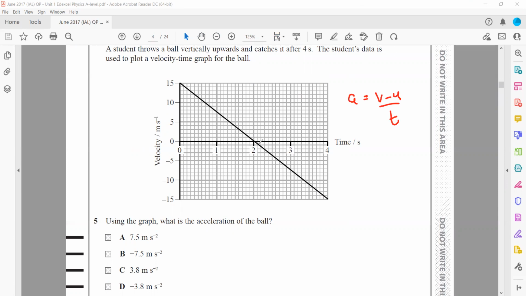Starting at 15, the final velocity is 0. So 0 minus 15 divided by the time interval, which is 2. Basically we get a negative acceleration, 7.5 meter per second squared, or we can say this object is decelerating, or speed is decreasing.